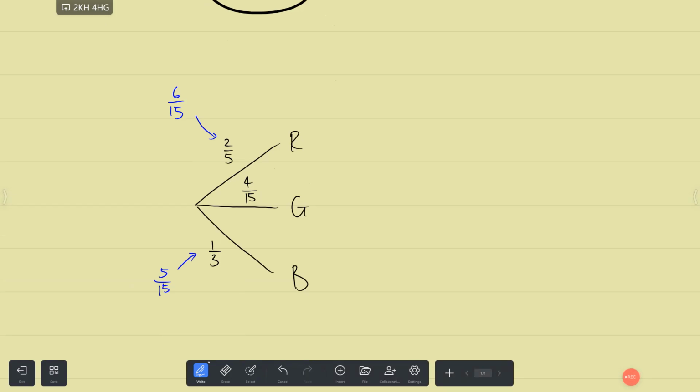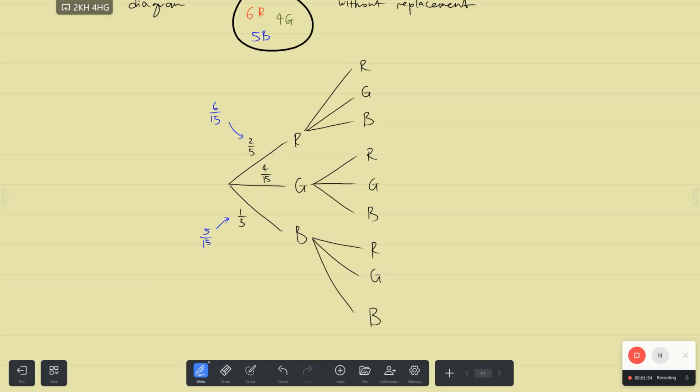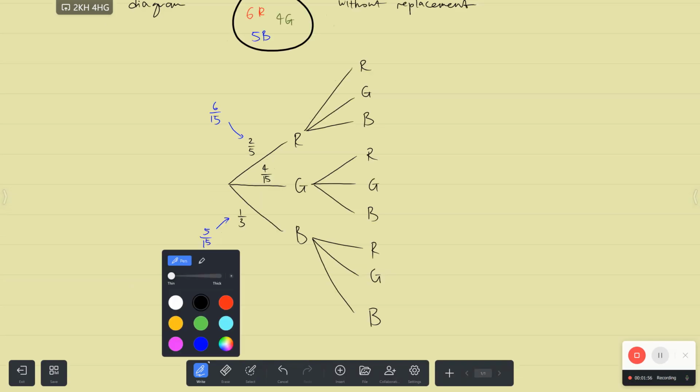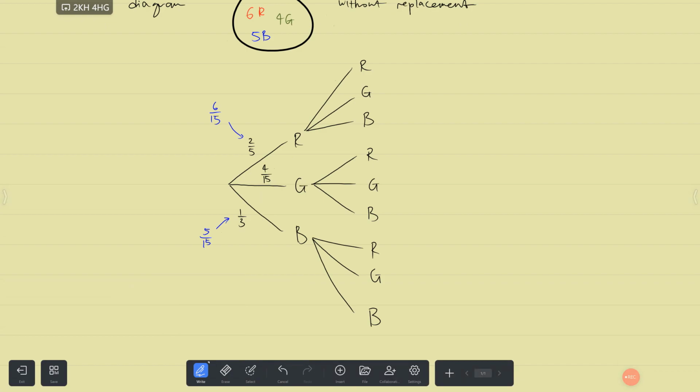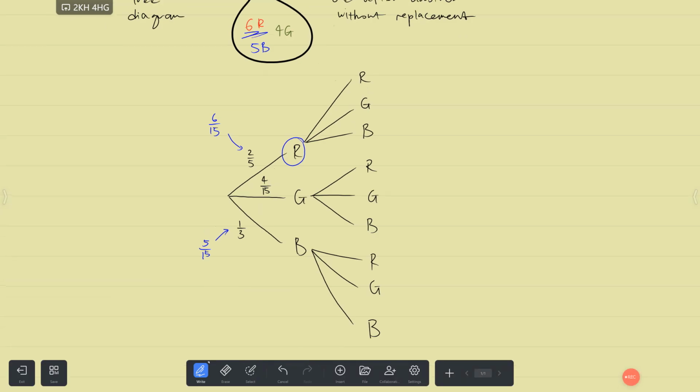Next, we'll add in the branches for the second draw. Something like that. So let's write out our probabilities for the second draw if it's a red marble. After you've drawn 1 red marble, you're left with 5 red marbles because there are 6 red marbles in total. So you have 5 out of, what's the new total?